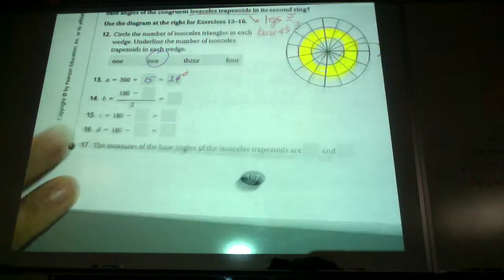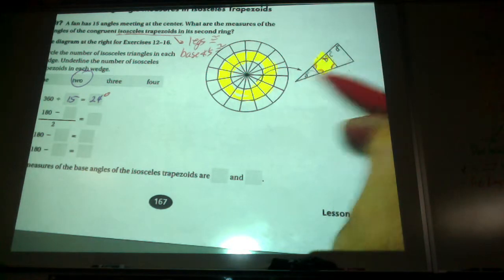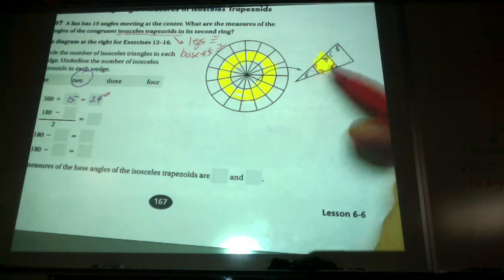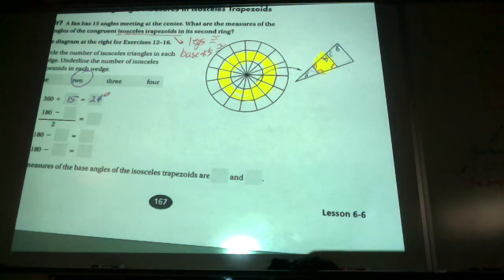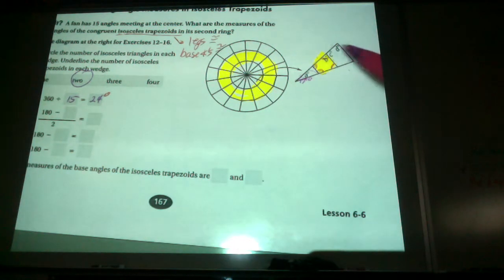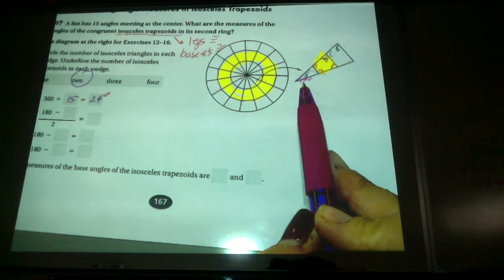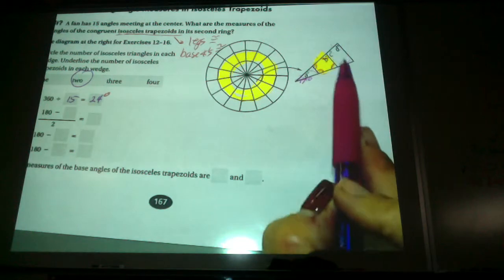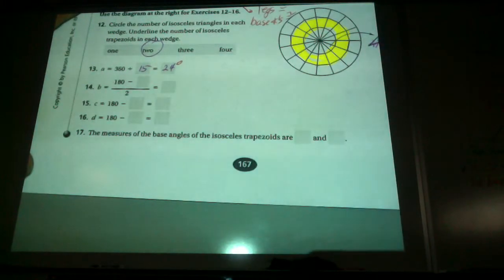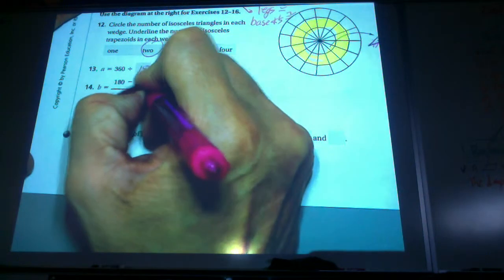Isn't this whole outside here a triangle? Isn't this an isosceles triangle? Wouldn't this be the vertex angle? So if this angle here is 24 degrees, then this angle here and this angle here are the same. So they're going to walk you through that. I'm going to subtract that from 180 and then divide it by 2 to get each of those angles. So here's how we find B. We're going to take 180 and subtract that 24 degrees.